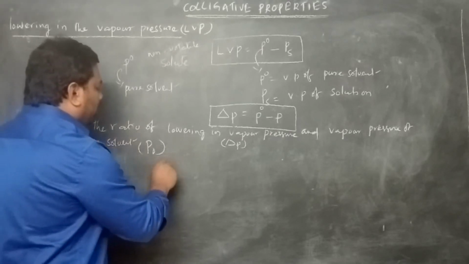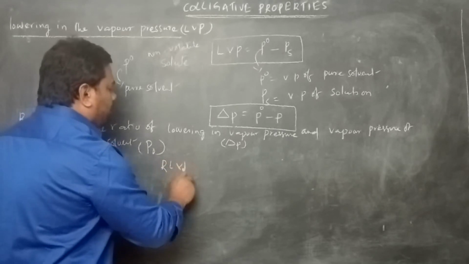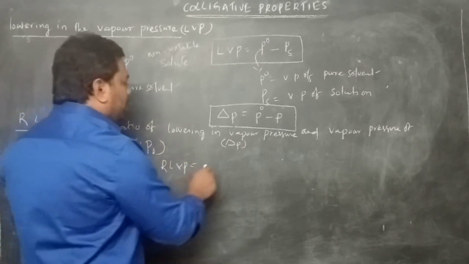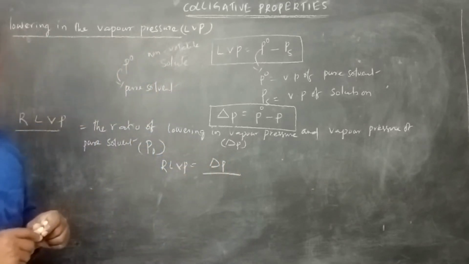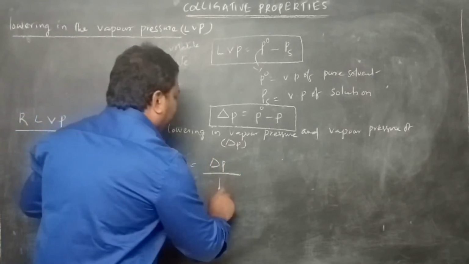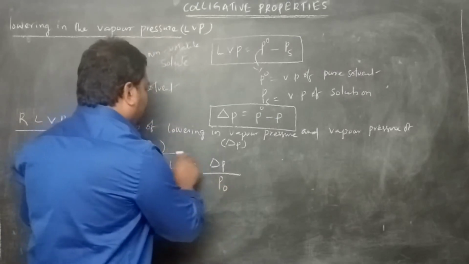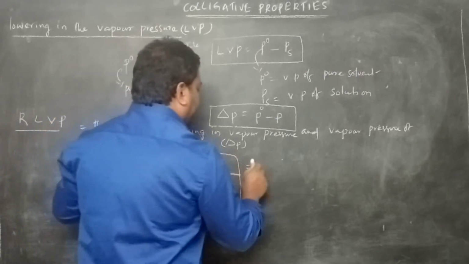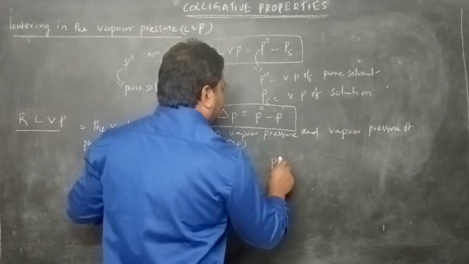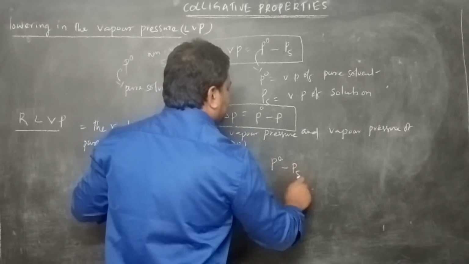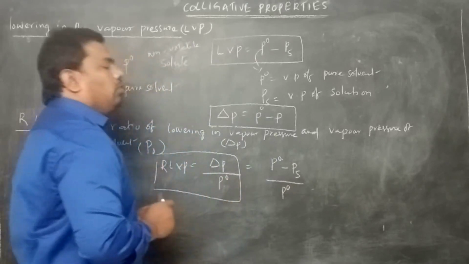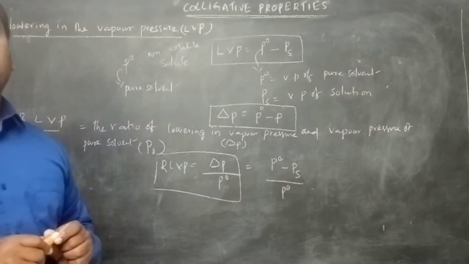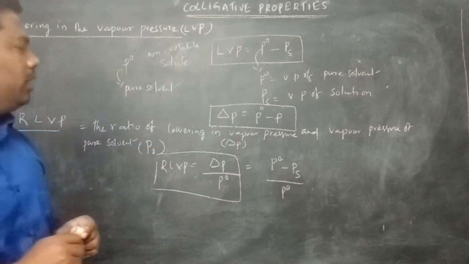Therefore, relative lowering in vapor pressure is the ratio of lowering in vapor pressure and the vapor pressure of pure solvent, or we can write it as P naught minus Ps by P naught. Okay, clear, student?